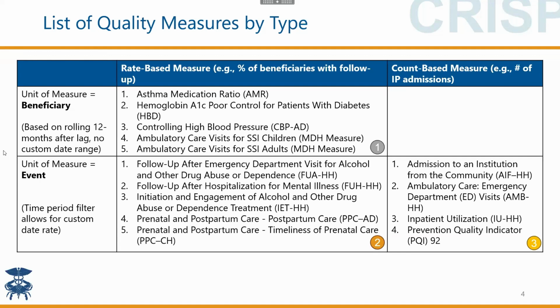So it's identifying emergency department visits in a specific time period and whether or not the beneficiaries have received appropriate follow-up. So these do have a custom time filter. You're able to look at a period of time of interest to you and look at the performance over that period. That covers both the rate-based measures as well as the count-based measures.